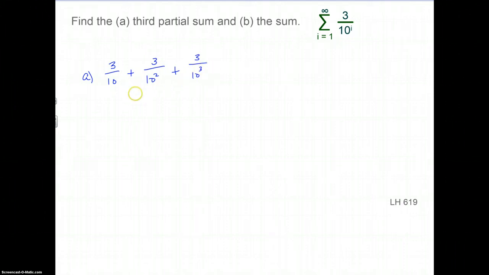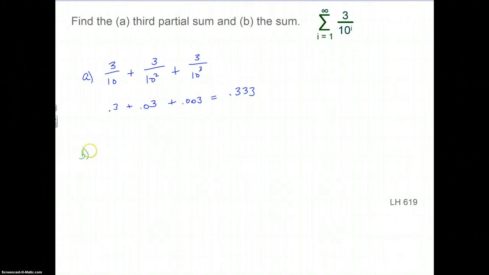This is easier to look at in decimal form, so I'm going to convert it quickly. 3/10 is 0.3, 3/100 is 0.03, and 3/1000 is 0.003. If we add those up, you get 0.333. Not repeating, just 0.333.